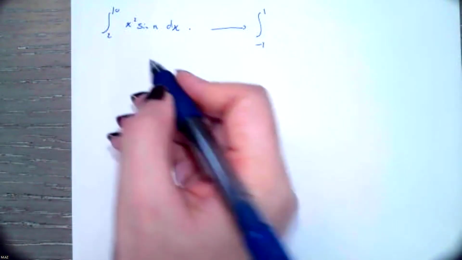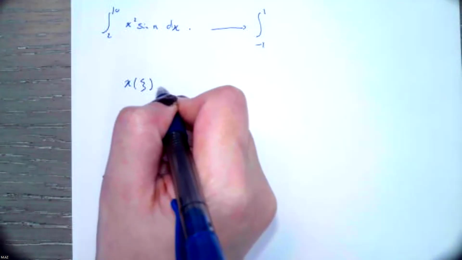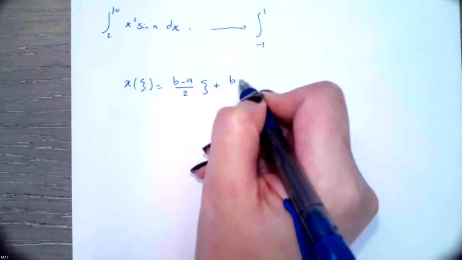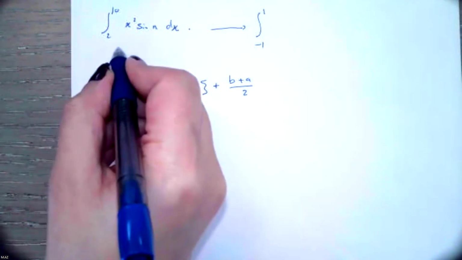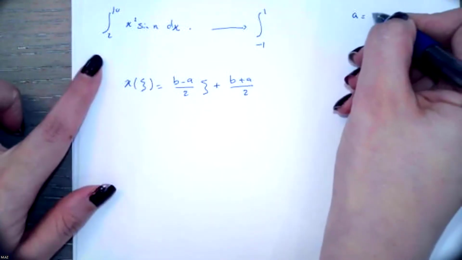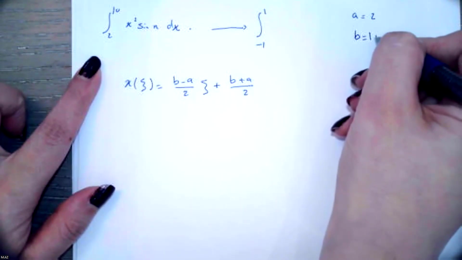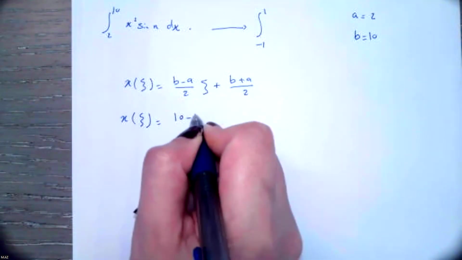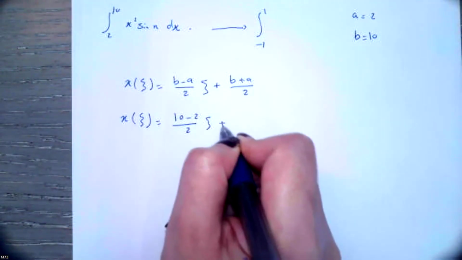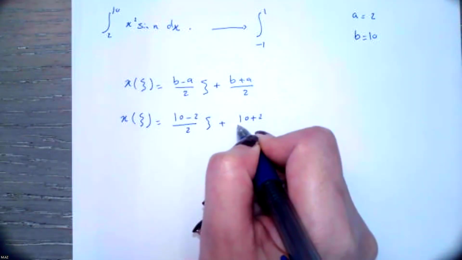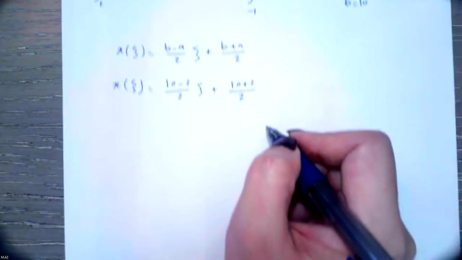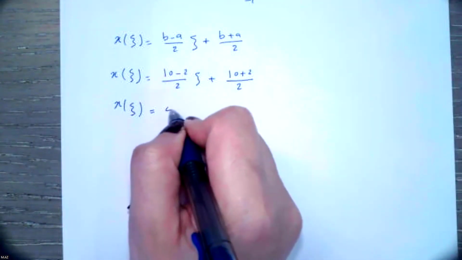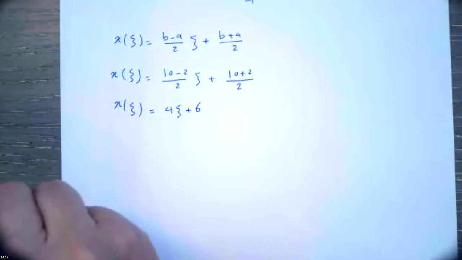The equation for linear mapping is b minus a over 2 xi plus b plus a over 2. For this integral, a is 2 and the value of b is 10. We have 10 minus 2 over 2 xi plus 10 plus 2 over 2, and the answer is 4 xi plus 6.